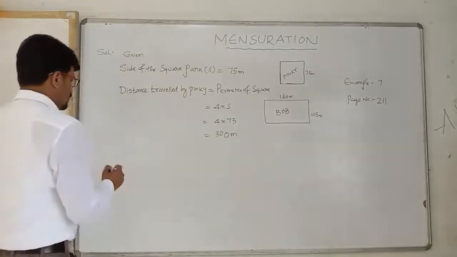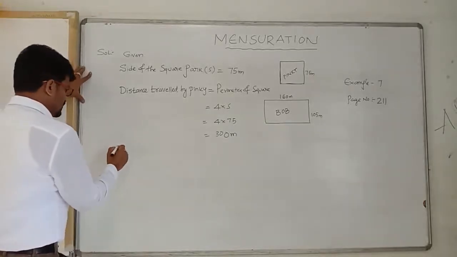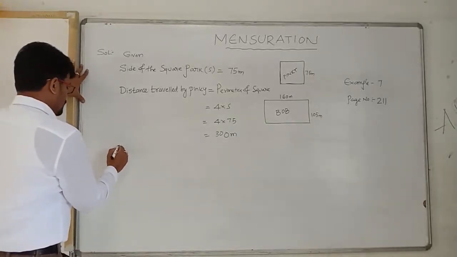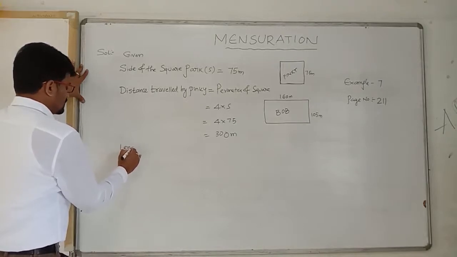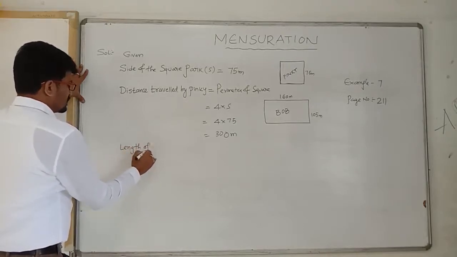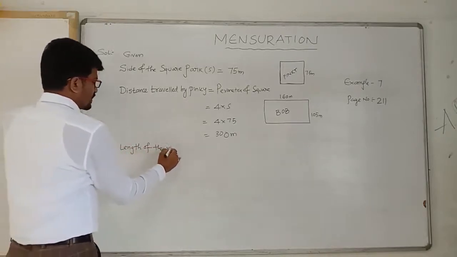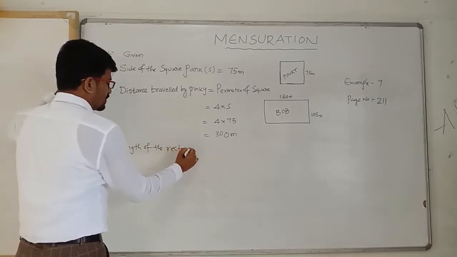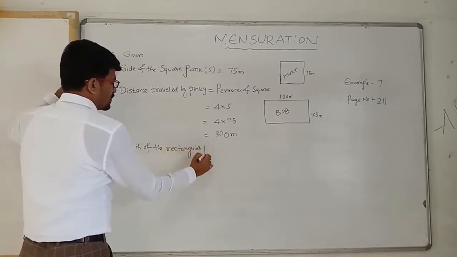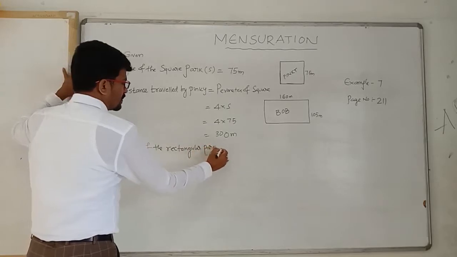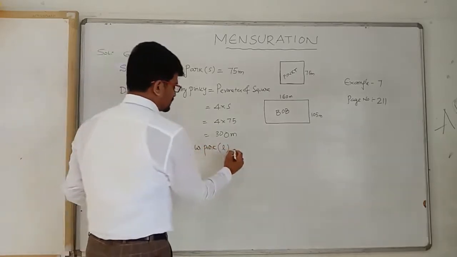Okay. Now another given measurements. Length of the rectangular park, L is equal to 160 meters.